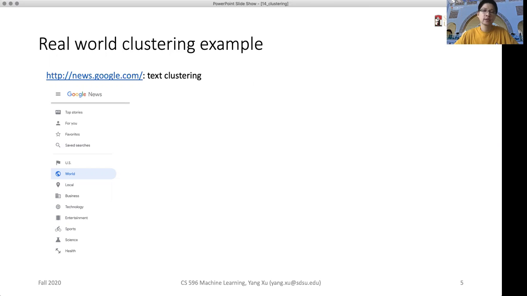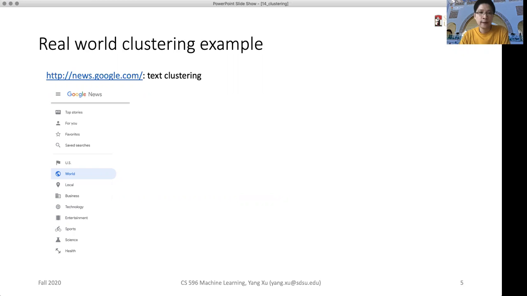Okay, but text clustering is still important, because there are new genres of texts coming out every day: new types of writing, new types of articles, new types of fictional, non-fictional and creative writings.